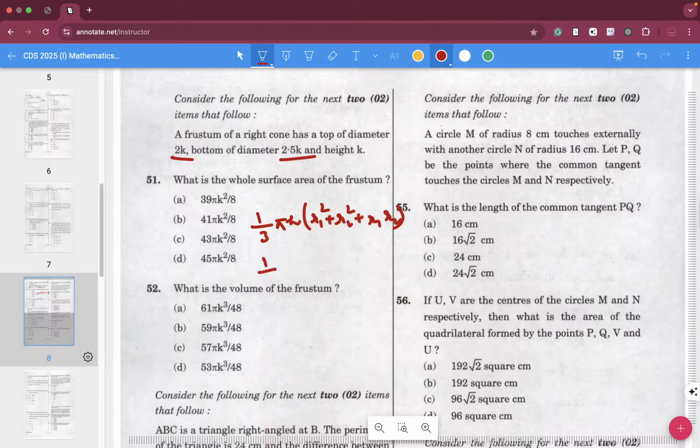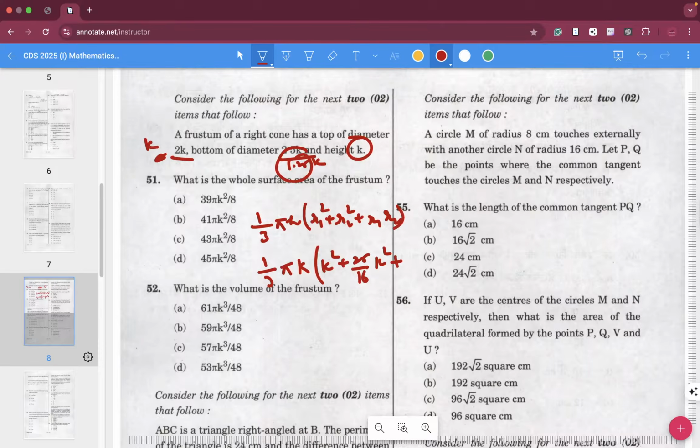So 1 by 3 pi into h, they have already given. Height is k. And then r1 square, half of this is k, half of this is 1.25 k, which is your k square plus, can I write it like 5 by 4? 5 by 4 whole square is 25 by 16 k square plus r1 into r2.